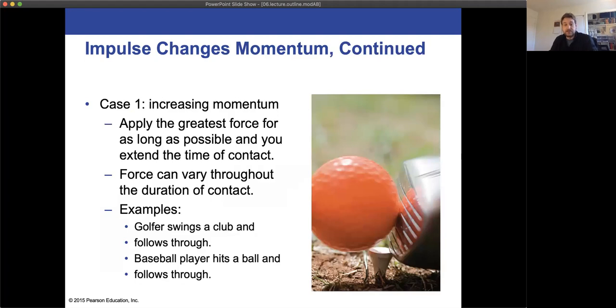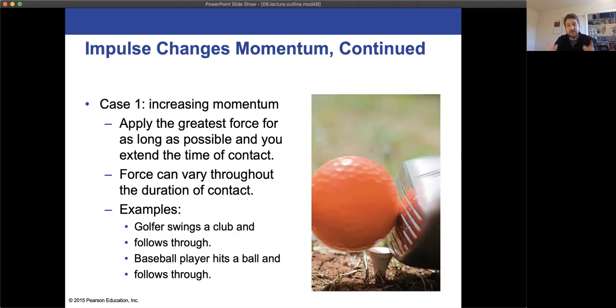Golfers and baseball players talk about following through with their swing. The reason we are supposed to follow through with our golf swing is to, as much as we can, lengthen the time that the club spends in contact with the ball, exerting a force on the ball.